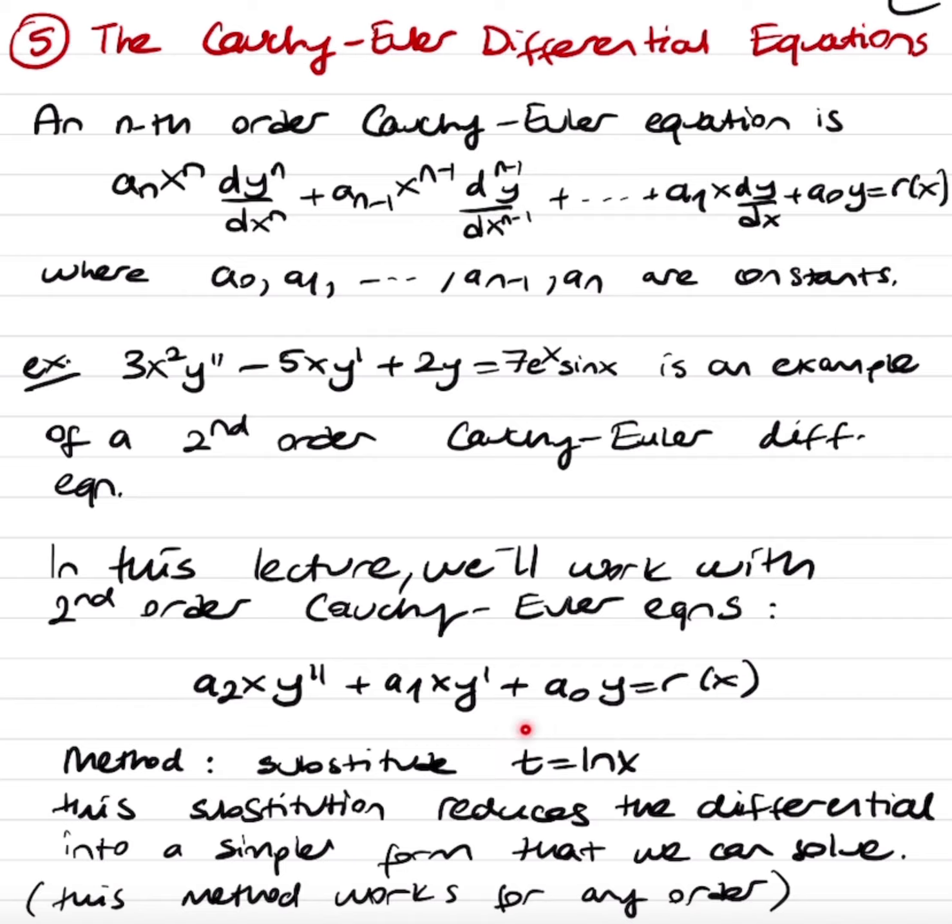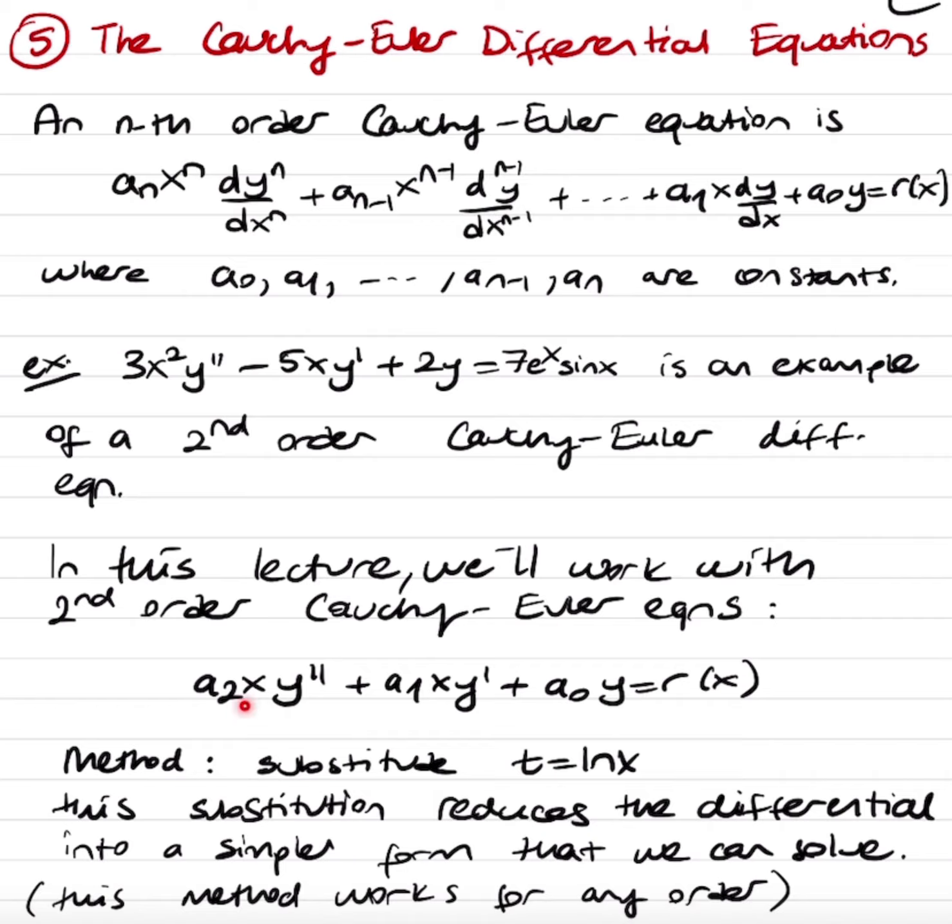Once a Cauchy-Euler differential equation is given, we always substitute t equals ln x into the given Cauchy-Euler differential equation. When we substitute t equals ln x, this reduces the differential equation into a simpler form that we know how to solve.